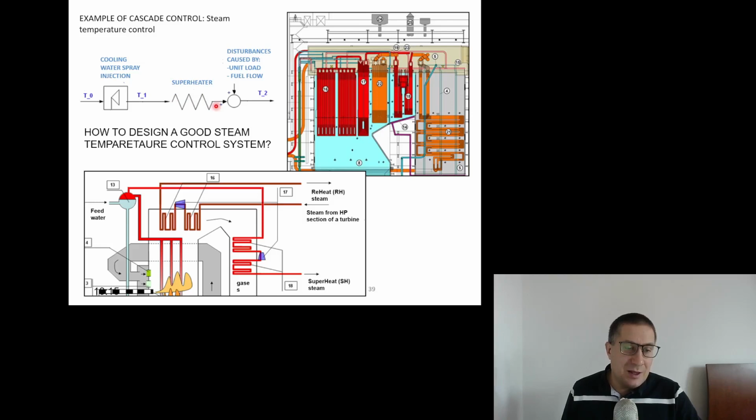So if we, for instance, inject too much cold water into the pipe, we will see the reaction of the temperature after a minute, let's say. After a minute, we'll see that we injected too much cold water.